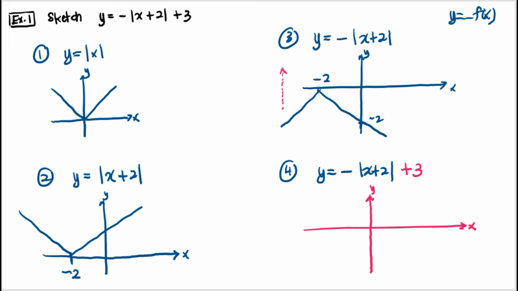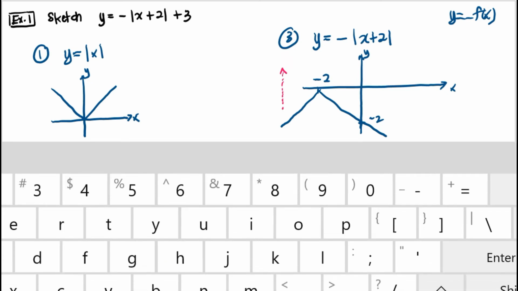At x equal to 0, it goes up until positive 3, here is positive 3, but here is a negative 2.